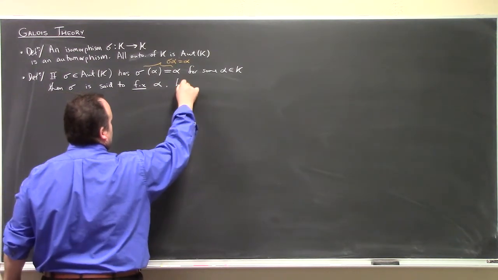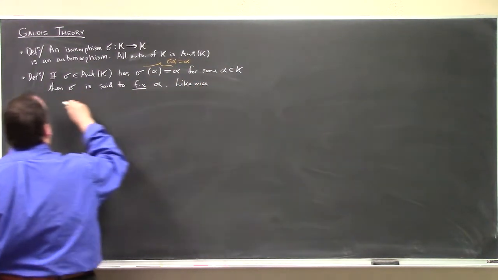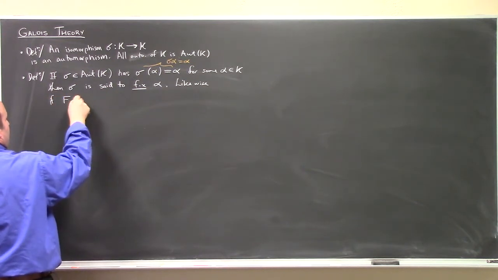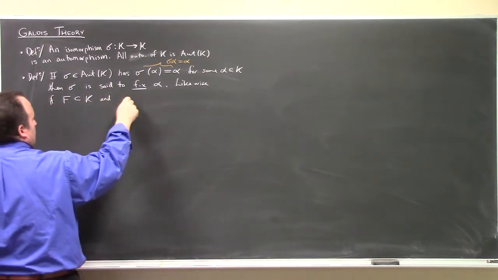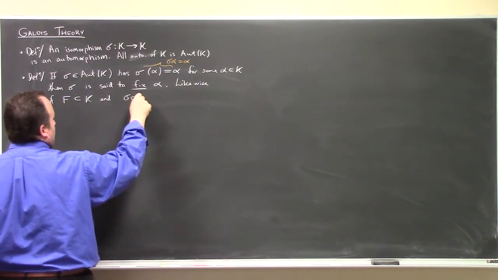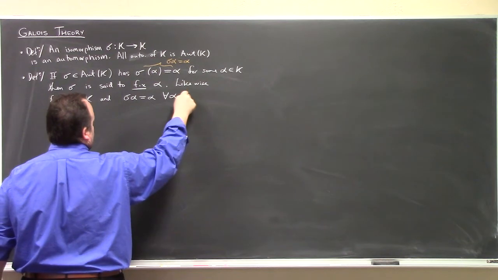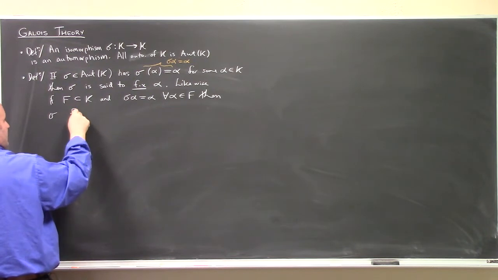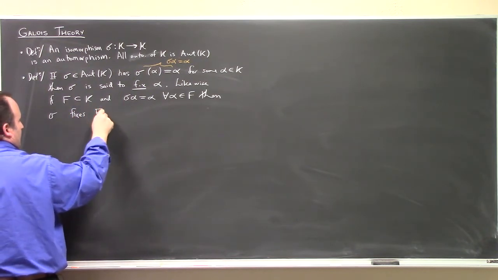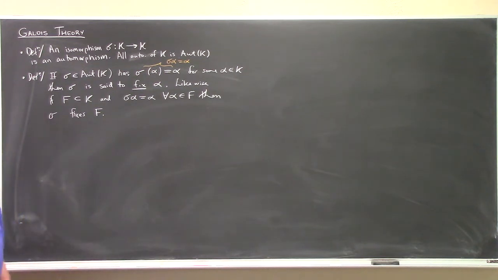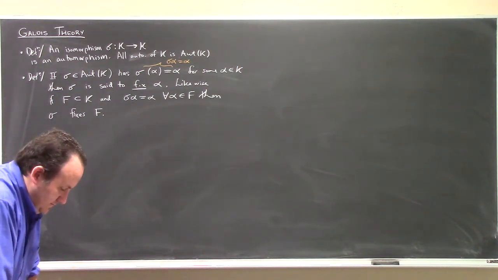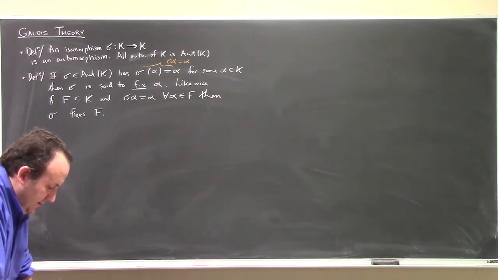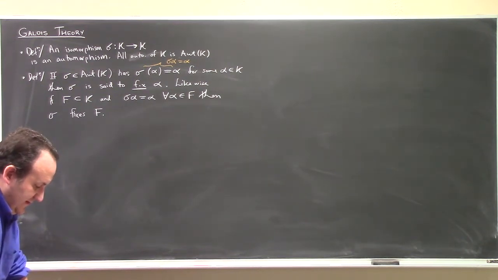So likewise, if F is a subset of K and sigma alpha equals alpha for all alpha in F, then sigma fixes F, all right? At this point, he points out that every field has at least one automorphism, the identity map, which we'll denote by 1, and that's sometimes called the trivial automorphism.